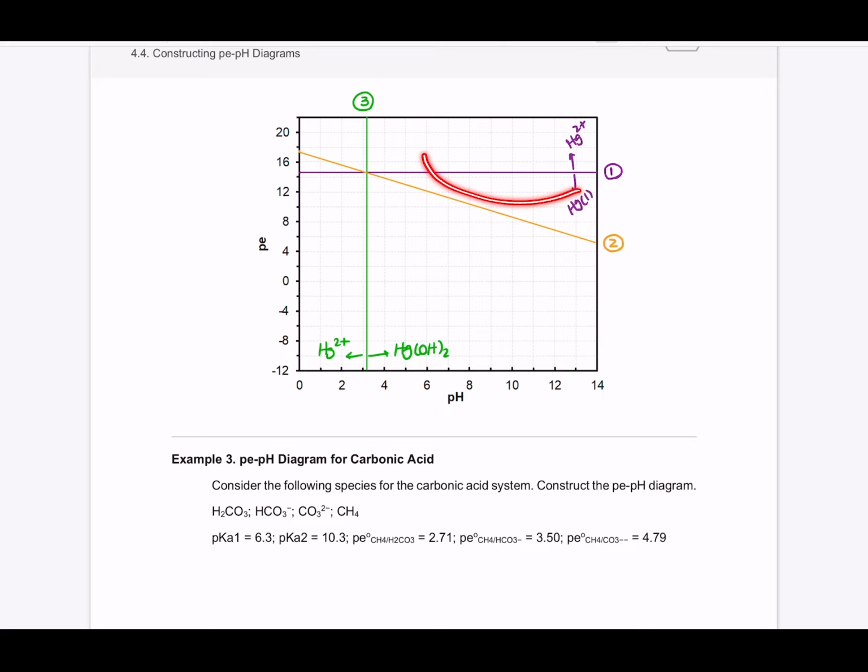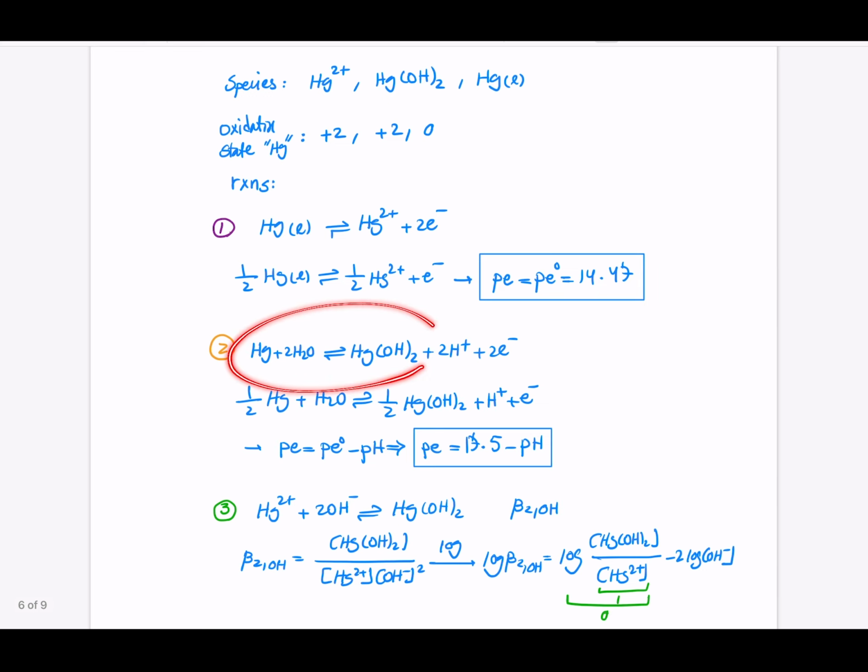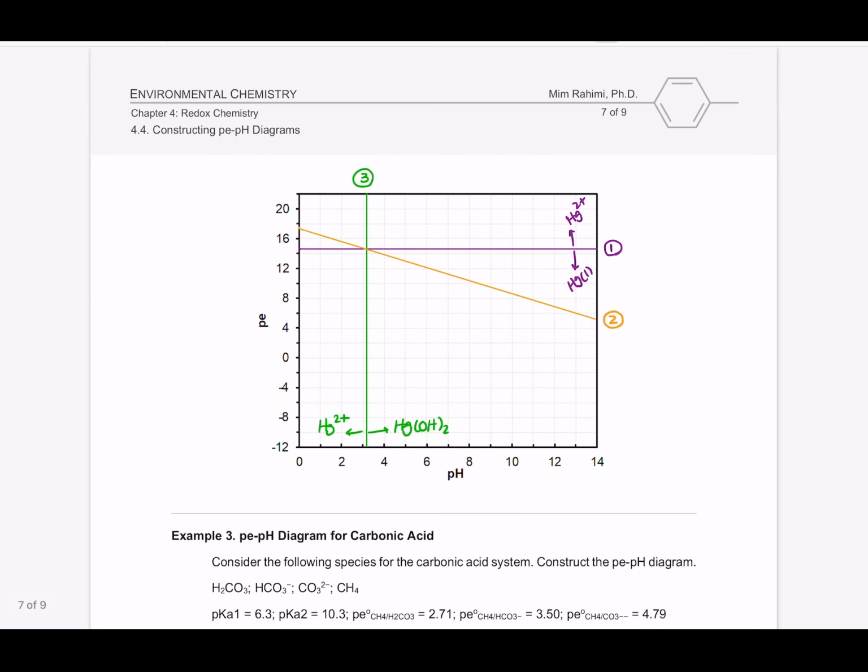So lower electron activity, which is this region, favors what species for this reaction? Or to say more electron activity, that means it pushes the reaction this way. So in the more electron activity region, which species is dominant? Exactly. So this region is Hg. Once we know one of them, the second one is easier. Hg and then HgOH2.